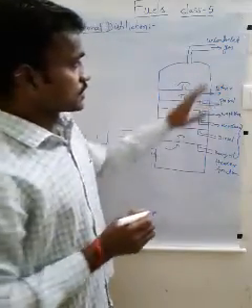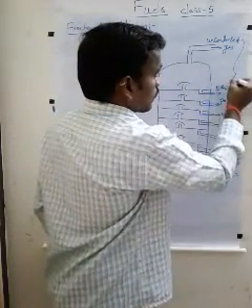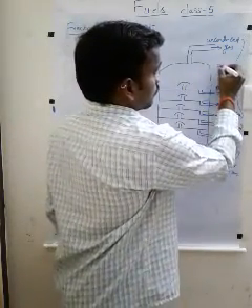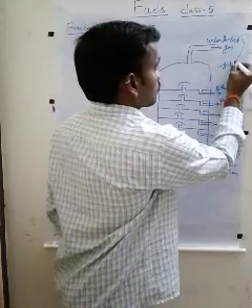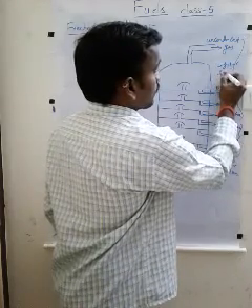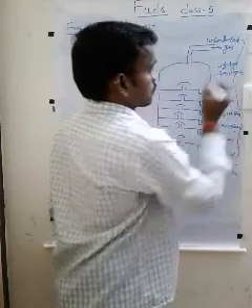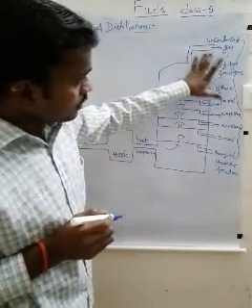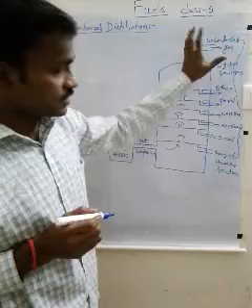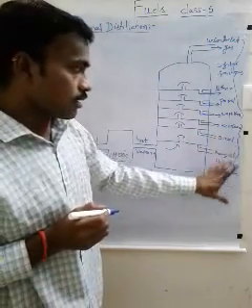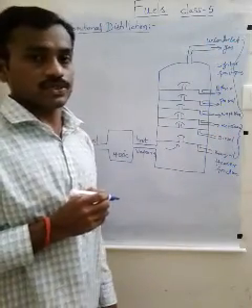The top fractions are called lighter hydrocarbon fractions. Top fractions are called lighter hydrocarbon fractions. Lower fractions are called heavier hydrocarbon fractions.